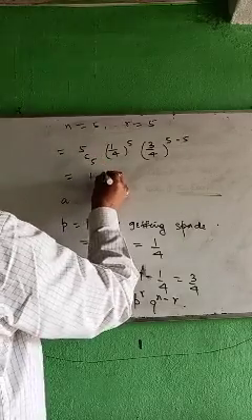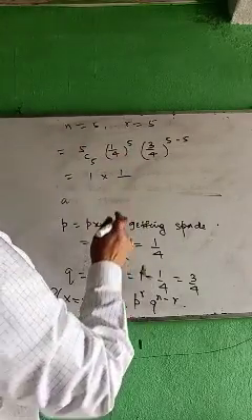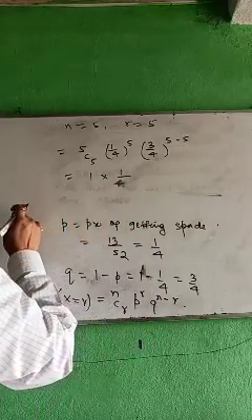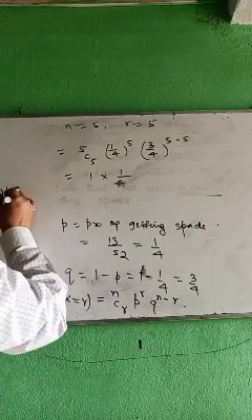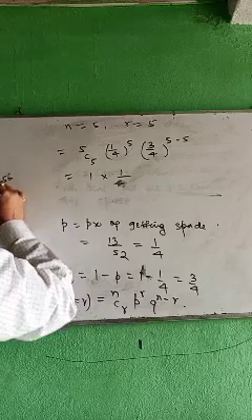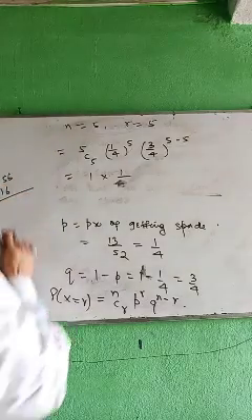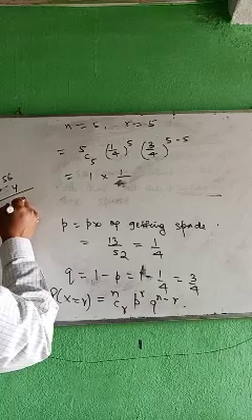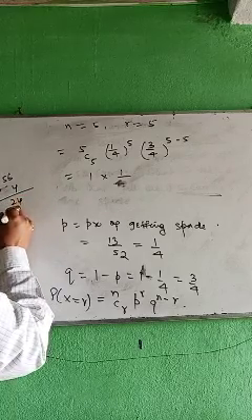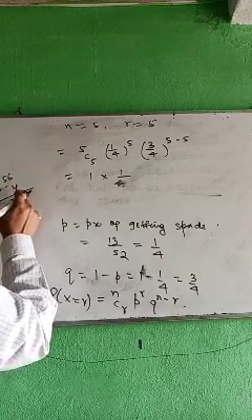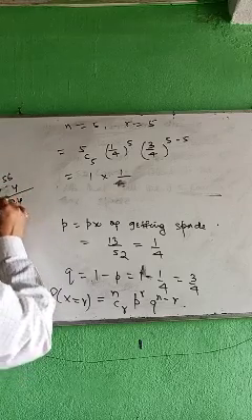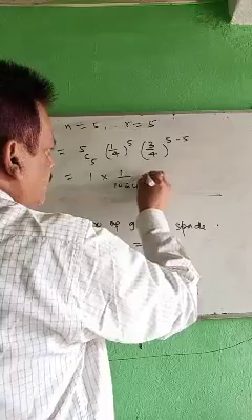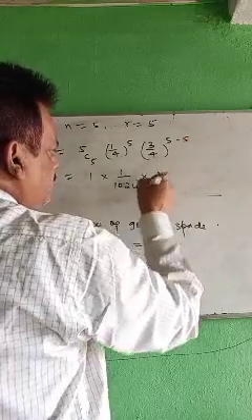This is 1, this is 1 by 4 power 5, which is 4, 4, 16, 1024. This is any number power 0 is 1.